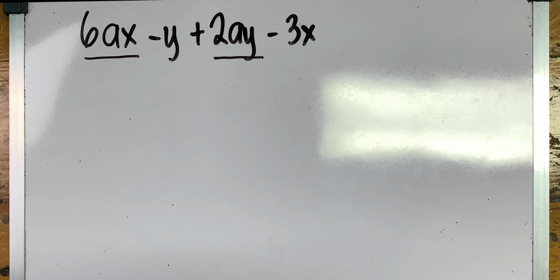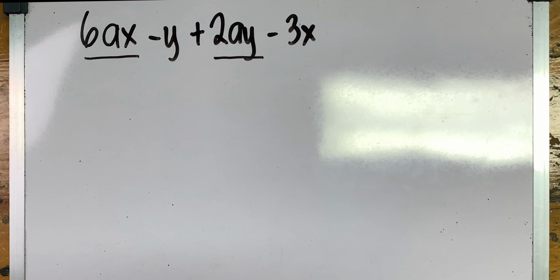Okay, finding out the common factor in the first group, we have 2a as the GCF. So what is left is just 3x plus y. In the second group, since there's a negative sign, we have to remove the negative. There is nothing in common, so we'll just put 1.